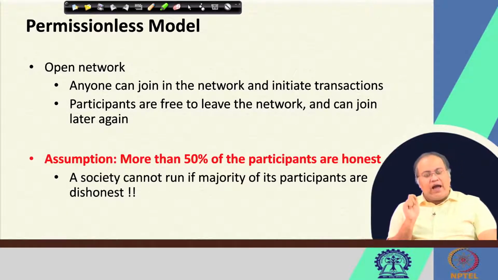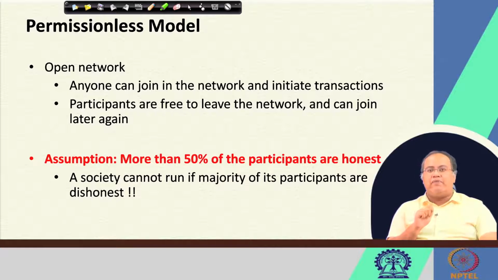So, the assumption behind this entire consensus procedure that we are going to discuss today is that more than 50% of the participants in the network are honest. I have heard a lot of debate around blockchain, and people keep saying that blockchain is a technology that can revolutionize and prevent any kind of fraud.